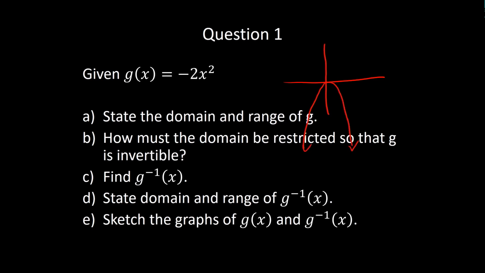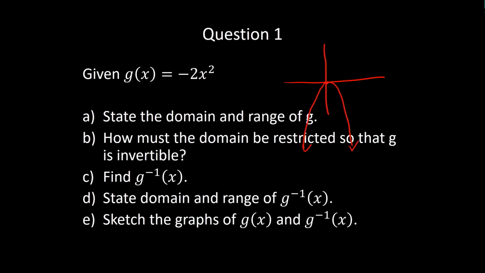And we can see that the range is going to be all the y values that are less than or equal to 0. And the domain is x is an element of real numbers. There's no restriction on x. So therefore, for part A, the domain is x is an element of real numbers, and the range is y is less than or equal to 0.